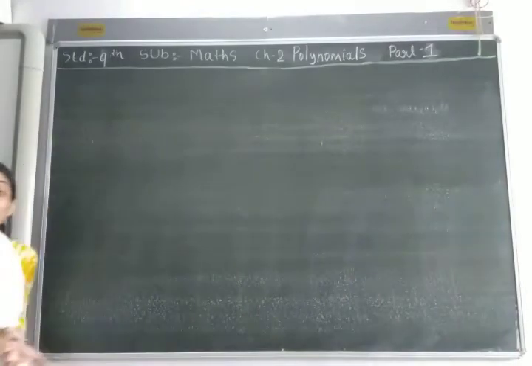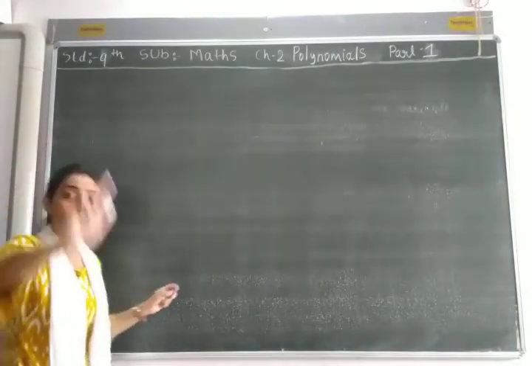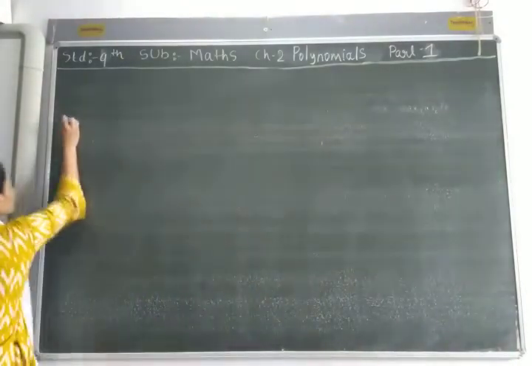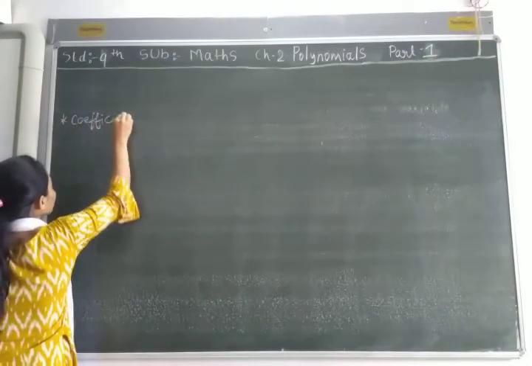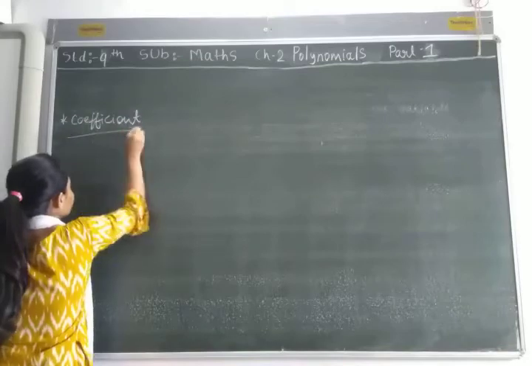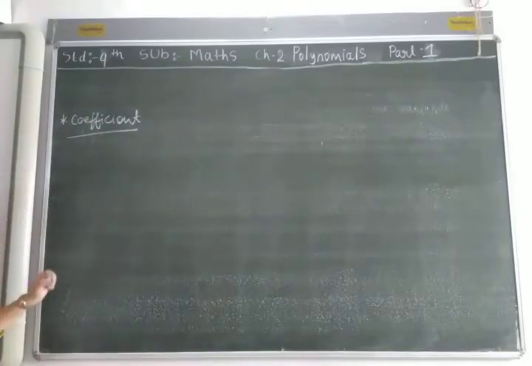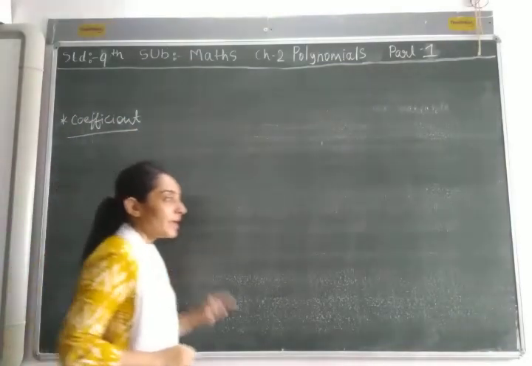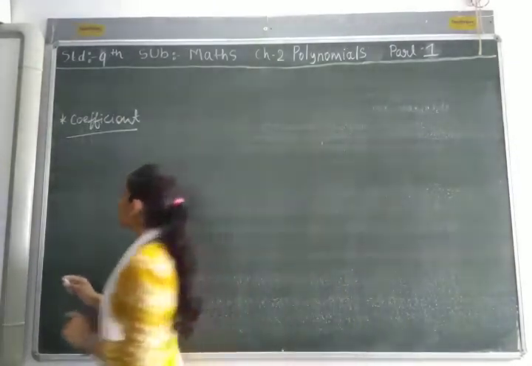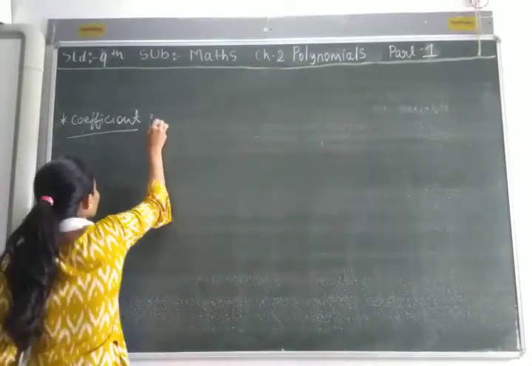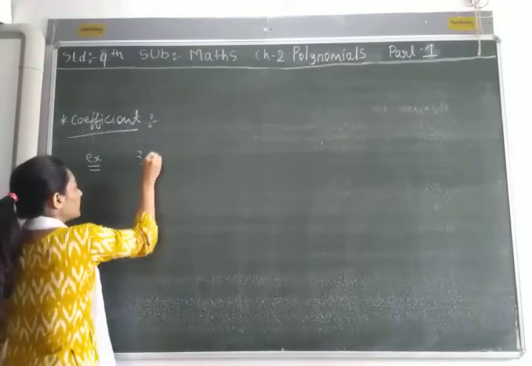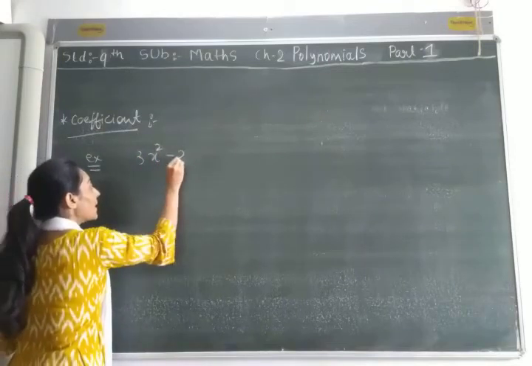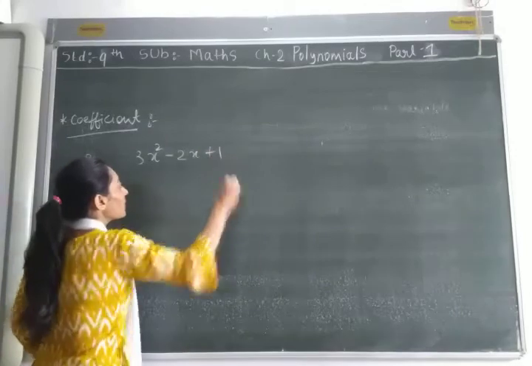Each term has some coefficient. Let's take an example: 3x square minus 2x plus 1.